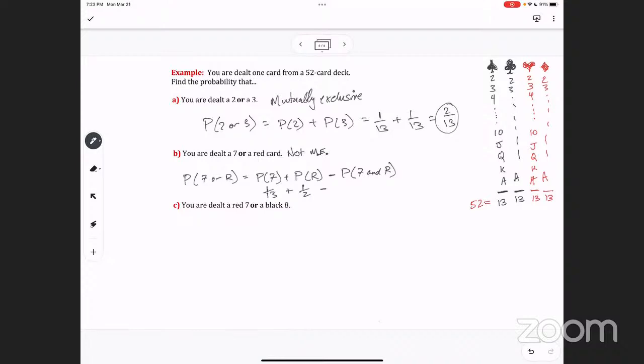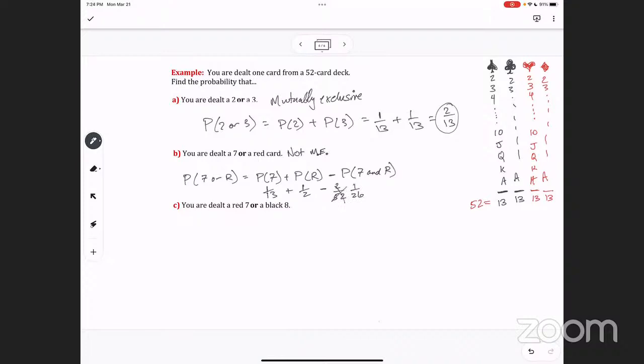2 out of 13? No, 2 out of 26. Isn't it 2 out of 52? Yeah, it's 2 out of 52. Or you could say 1 out of 26. I knew it would have something to do with the 26.